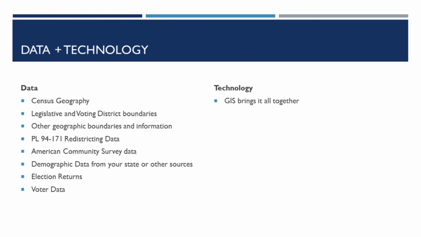What I want to highlight about election returns, and this applies to ACS data and other things, is that you just always want to be thinking as you work about the level of geography at which the data was collected and any possible errors in it. So for example, your redistricting software will make every number look incredibly precise: 54.7% of the people in the proposed district you drew voted for the Republican candidate for Congress.